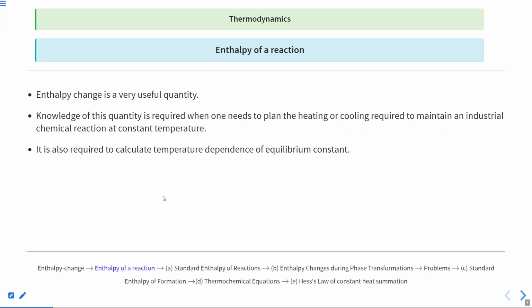Now the enthalpy of reaction is a very important quantity. It helps you to design a reaction in this way, right? So suppose you are conducting a reaction. If you know the required conditions, whether the reaction is exothermic or endothermic. If it is exothermic, it means that heat is being liberated throughout the reaction. So if you want to increase the rate of reaction, or you can say favor the product more and more, what you have to do?